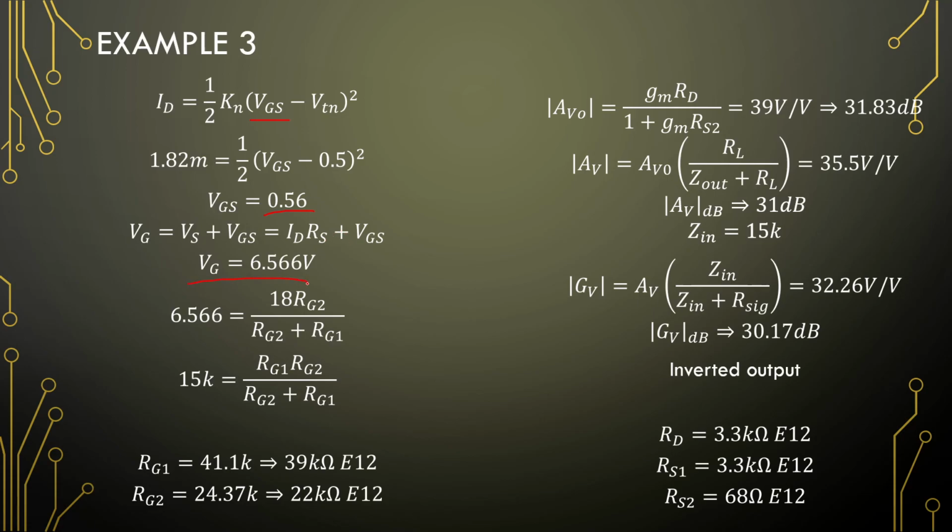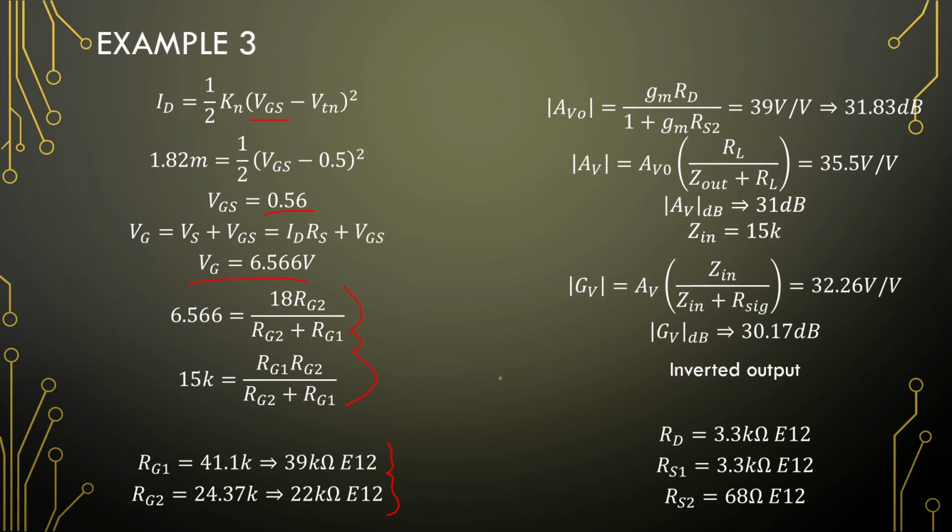And our gate voltage in the end should be 6.566 volts. With our gate voltage known and our input impedance known, we have two variables, two equations we can solve simultaneously, giving us a 39 and a 22 kilo ohm resistor.